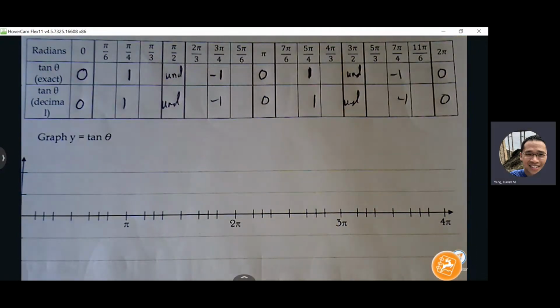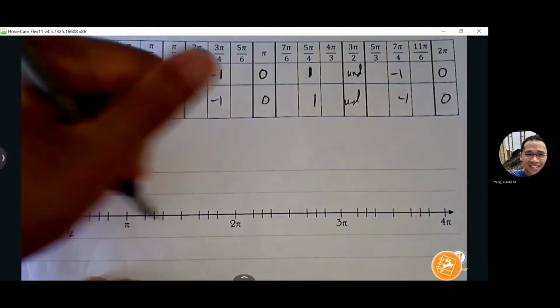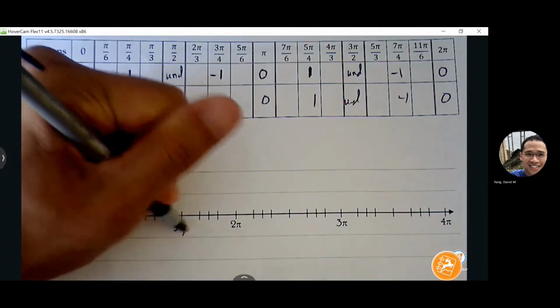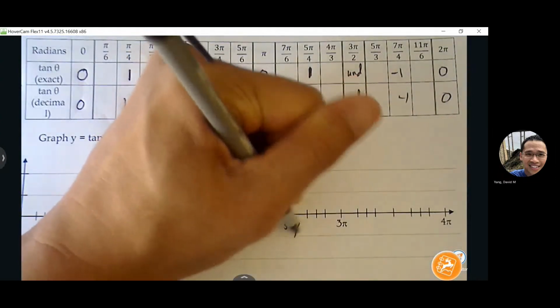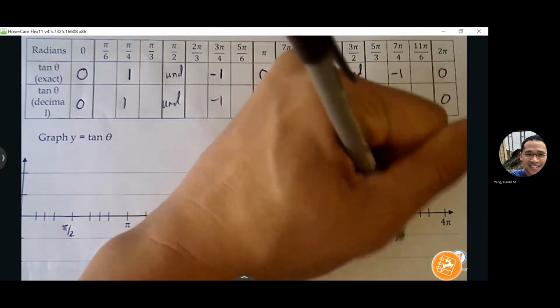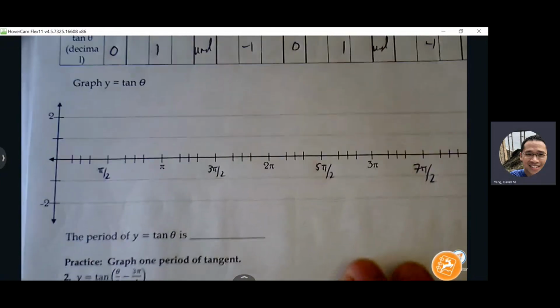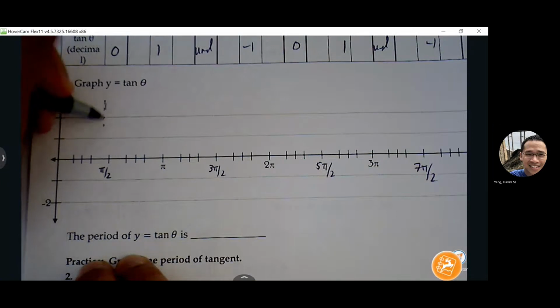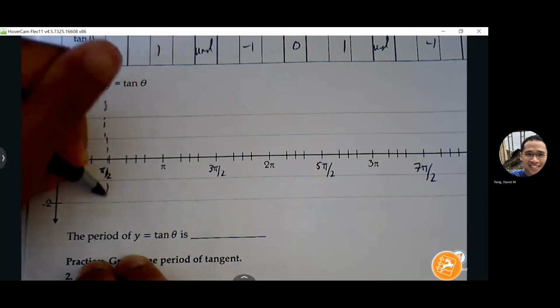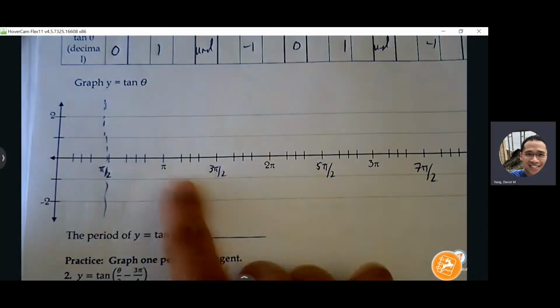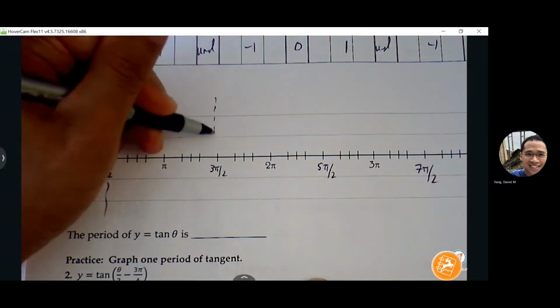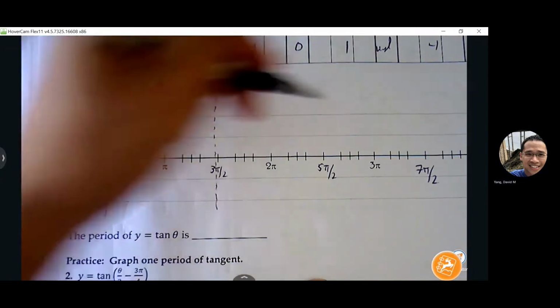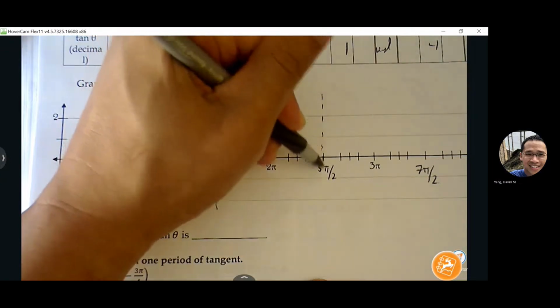Okay, so go ahead and label your pi over 2, 3 pi over 2, 5 pi over 2. And go ahead and drop asymptotes along those values. Not at pi, okay? At all the fractional major values.